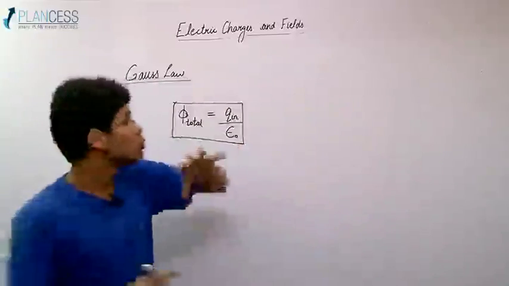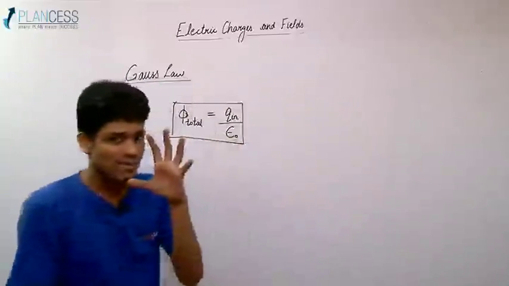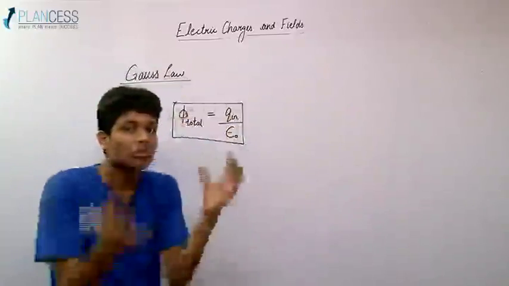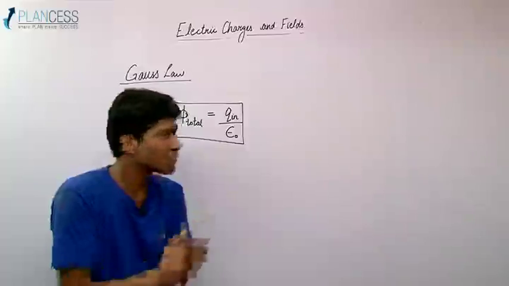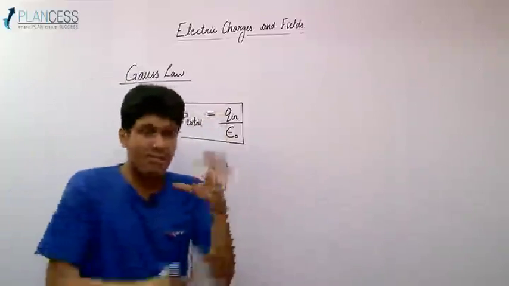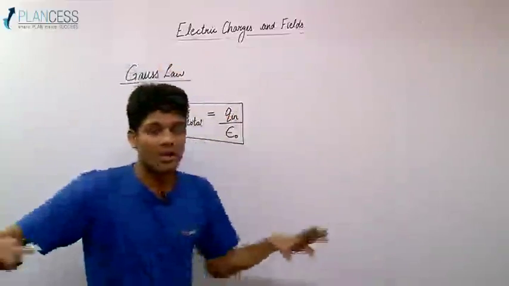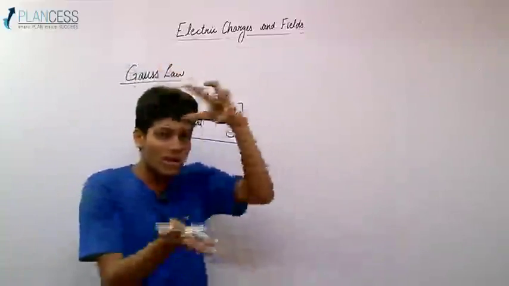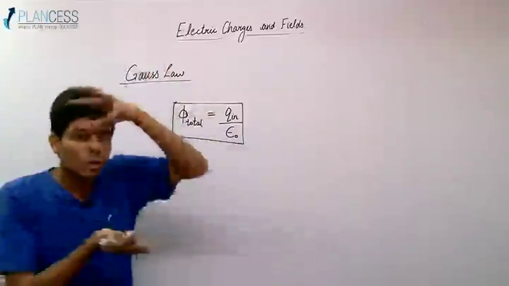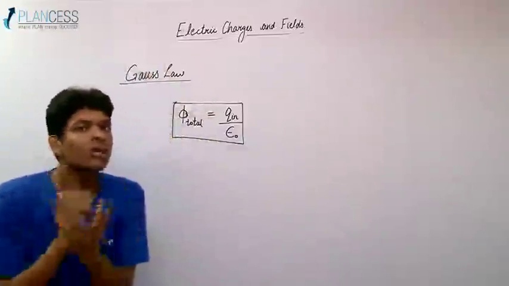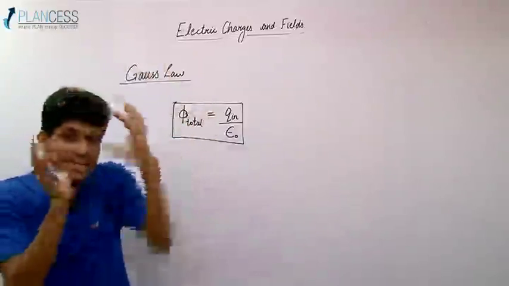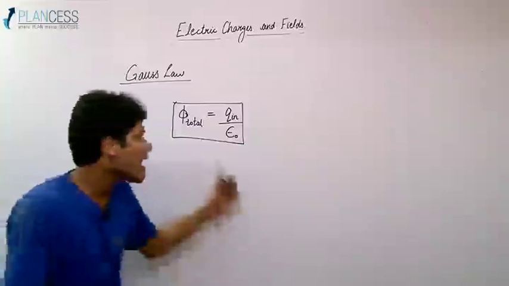So basically, you choose a closed surface in 3D space. You find the total amount of charge inside that closed surface. The flux through that closed surface is not just due to the inside charges; flux due to anything in the universe through that closed surface would be equal to Q in, the total charge that lies inside that closed surface, divided by epsilon naught.